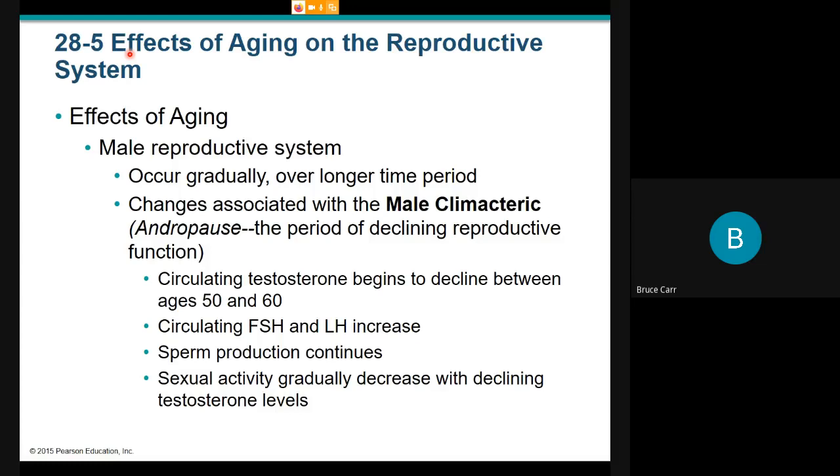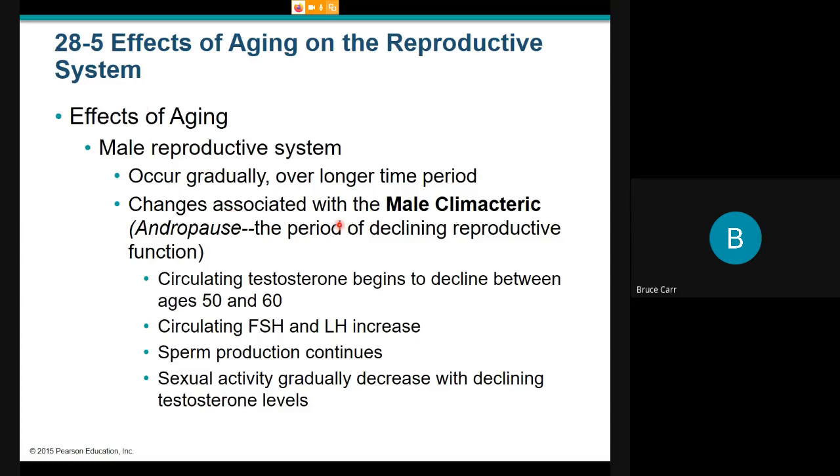So although there is a decline in that function, the appearance of abnormal sperm increases in frequency. The number of sperm that are present and can be obtained in a sperm sample declines. The sperm motility declines, and the number of abnormal sperm that you can see in a microscope goes up. So in general, sperm quality does decline with age.